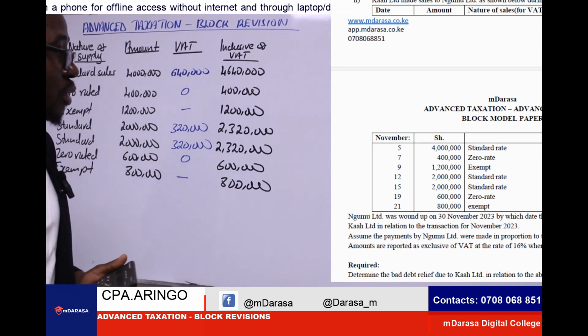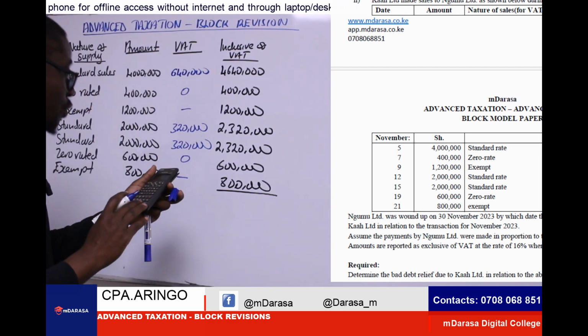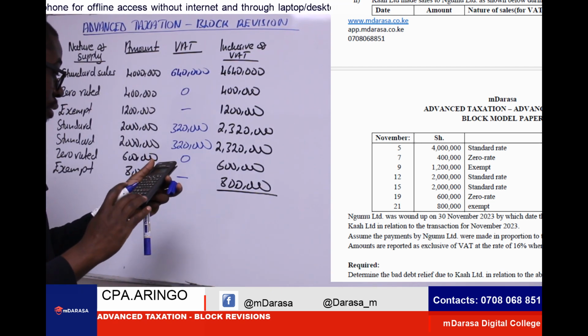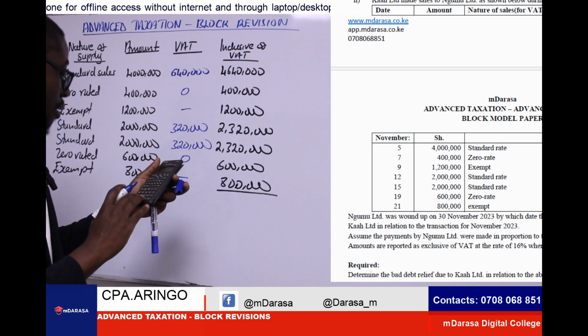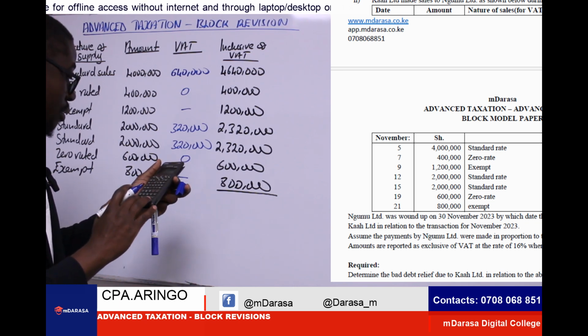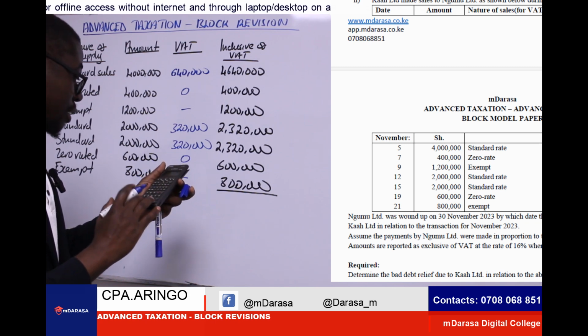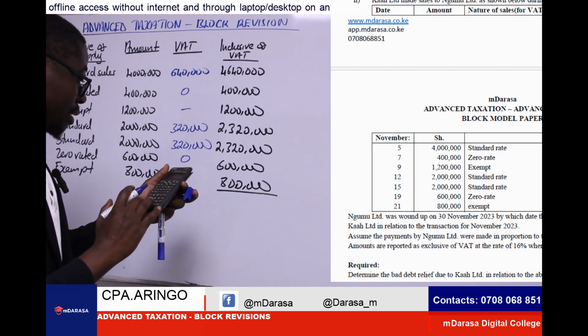The total value, if we sum this up: 4,640 plus 400,000 plus 1.2 million plus 2,320 plus 2,320 plus 600,000 plus 800,000.